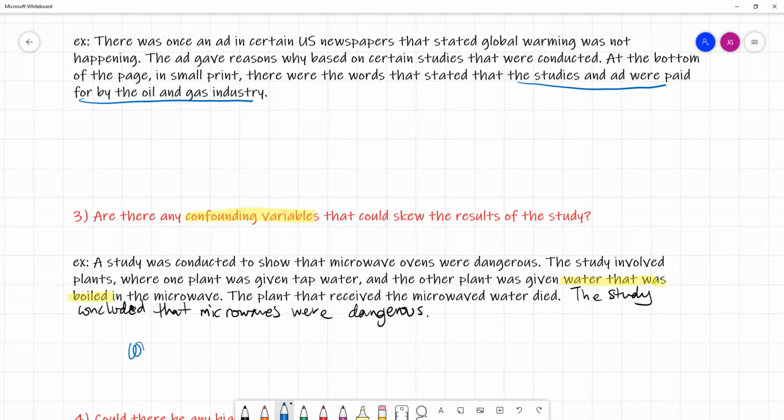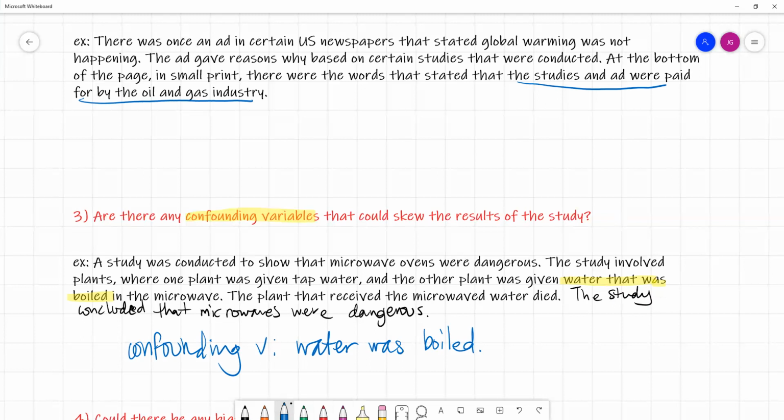So our confounding variable here is that the water was boiled. Okay, because plants probably cannot withstand boiling point water. That's sure to kill the plant.